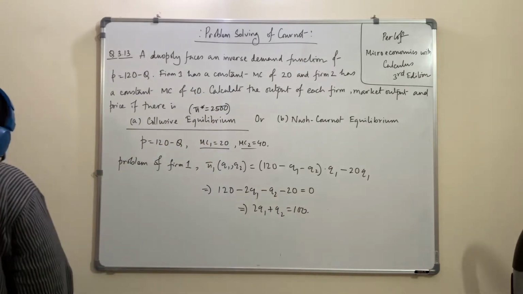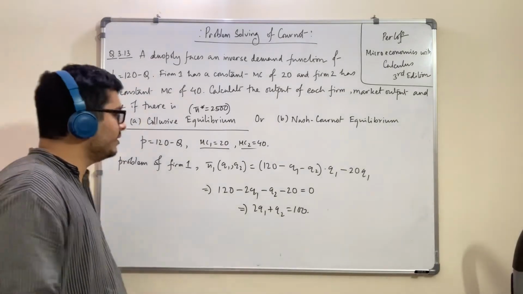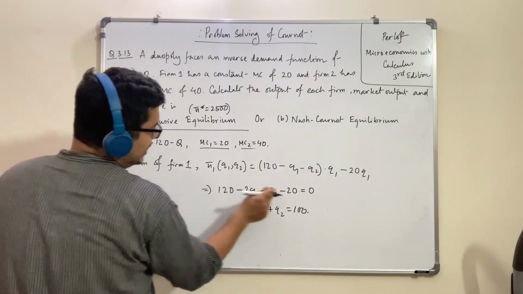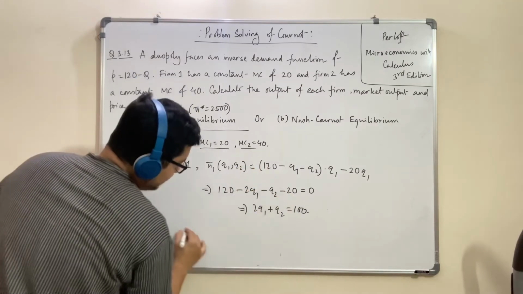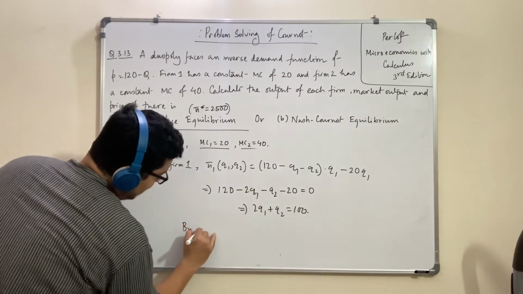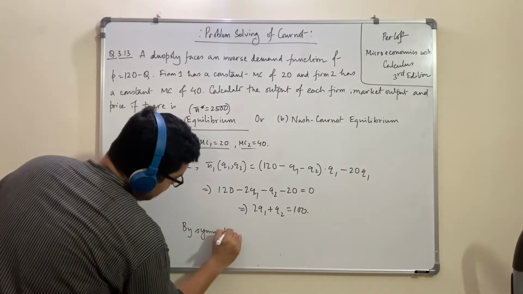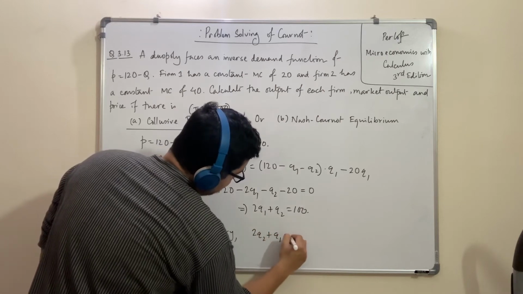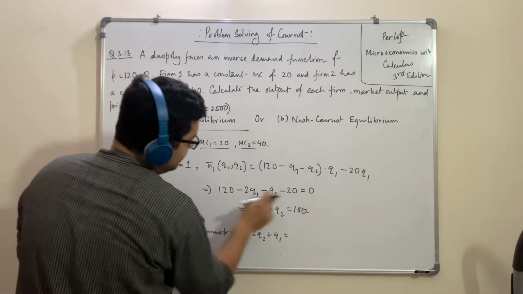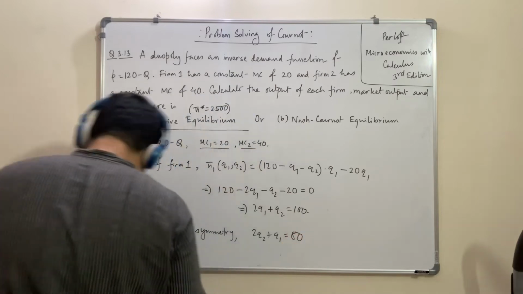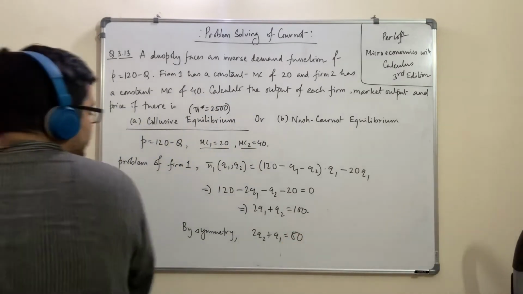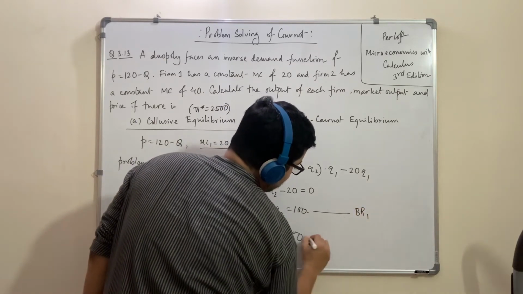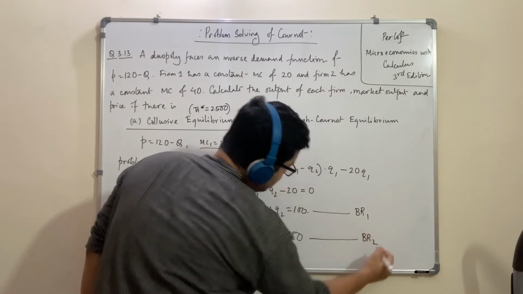Now, if we use symmetry again, a little bit intelligently, because in case of farm 2, this 20 will be replaced by 40. So we can write by symmetry 2 Q2 plus Q1 equal to 120 minus 40, so that will be 80, right? So this one here is the best response of farm 1, and the next one is the best response of farm 2.